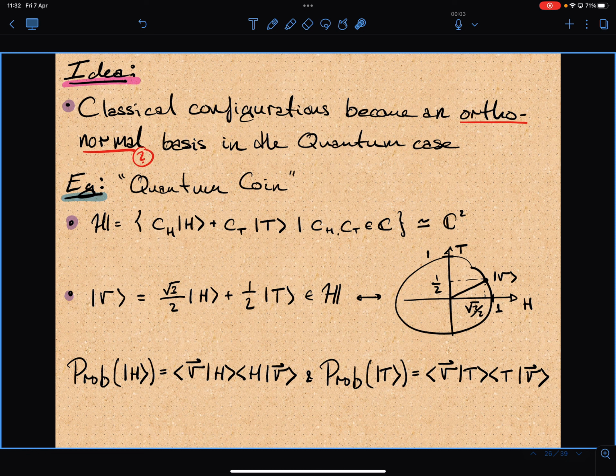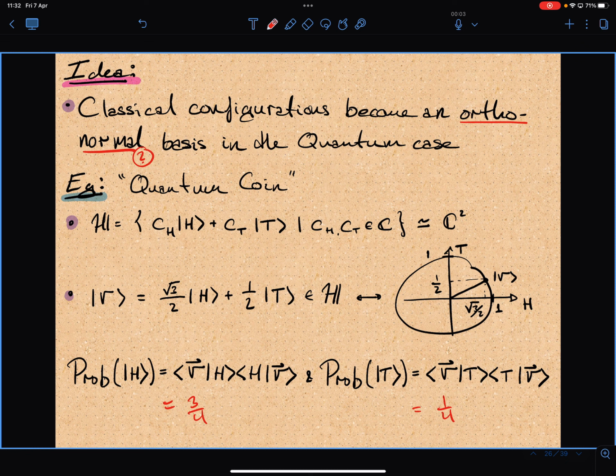Joseph, do you have the probability for H? I think so. What is it? I think it's 3/4 for heads and 1/4 for tails. Yep, 3/4 and 1/4. Does everyone agree? All right, so it's just dot products.